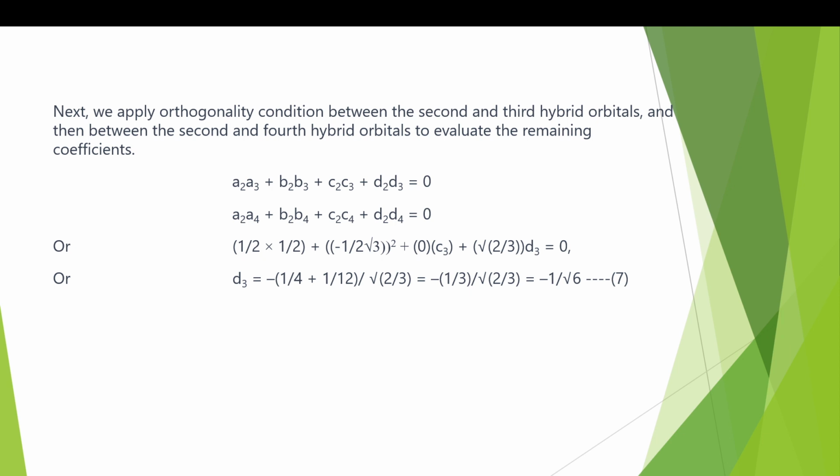Remember, here c2 is 0, therefore this term will vanish. We know the values of a2, a3, we know the values of b2, b3, we know the value of d2, therefore we can determine the value of d3. Only one unknown is there in this equation, and d3 equal to minus 1 over under root 6. This is equation 7.